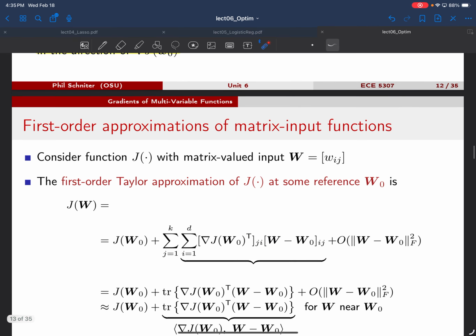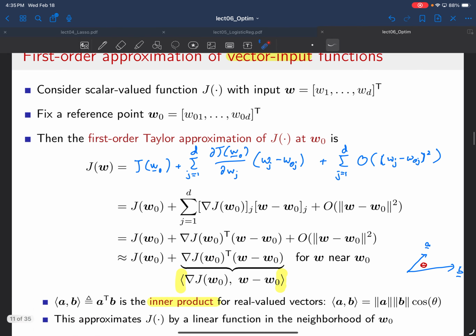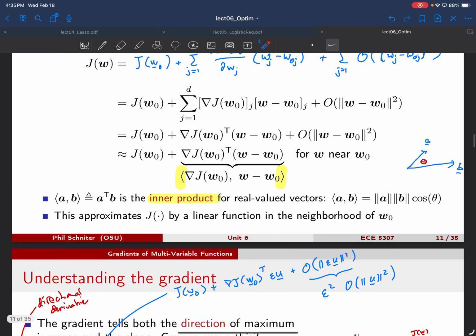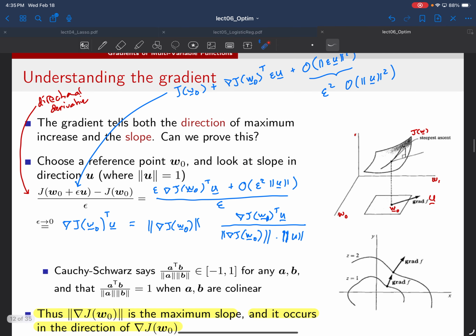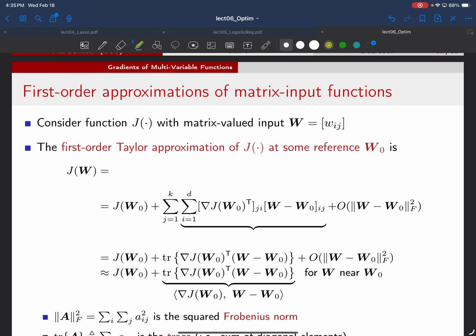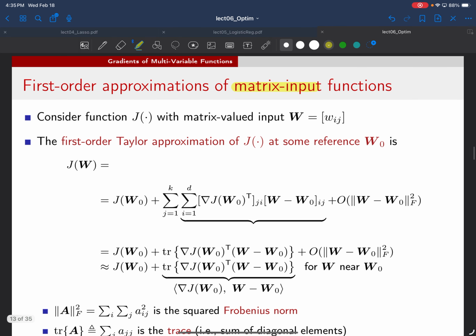Great. So we've done the scalar case of the first order approximation. We've done the vector case, we used that vector first order approximation to understand the gradient, and now we're going to tackle the matrix case. The matrix case is really the same as before, except now, since we have a matrix, we're just going to do its sum over the two different dimensions, the rows and columns of that matrix.